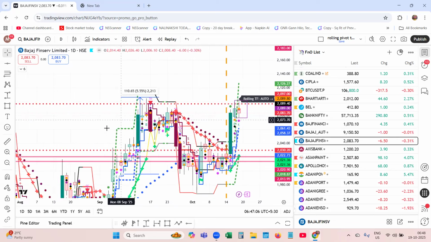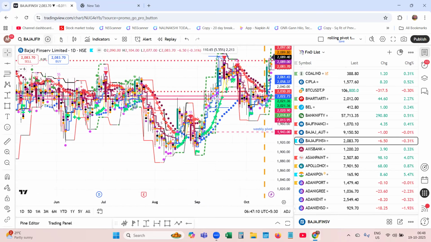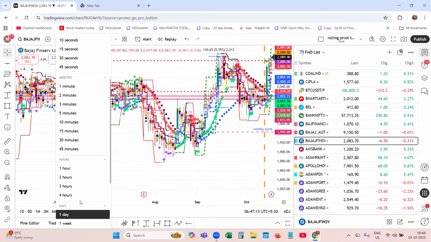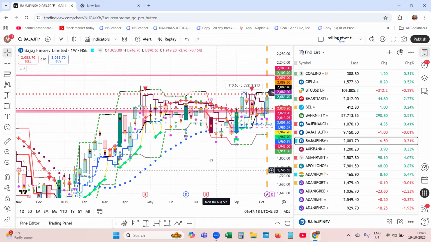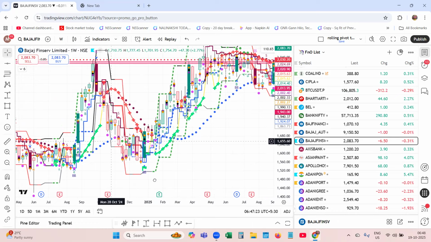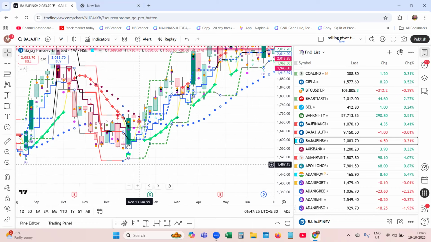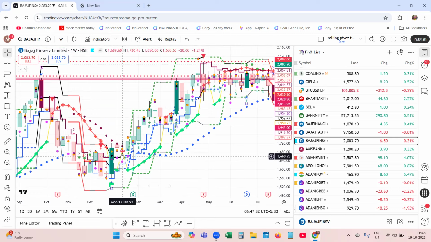When the price falls at the bottom, let me go back and take the weekly time frame. So this stock, you could have entered here in the month of December 2025. From there, you could have picked up this stock around 1664 with the help of my indicator.